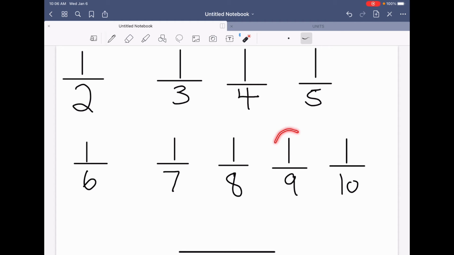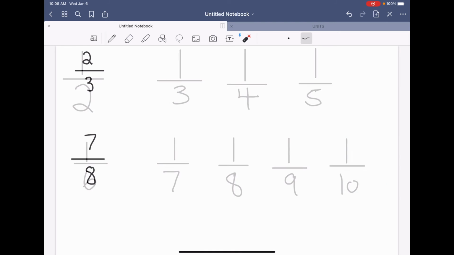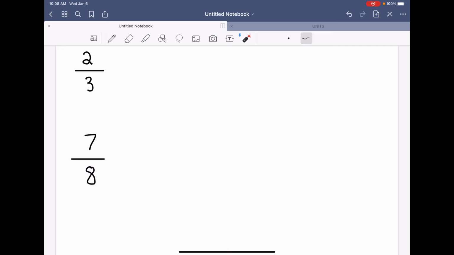So the top says 1/9. And the last one, 1/10. Let's practice some more reading about fractions and how to say them.